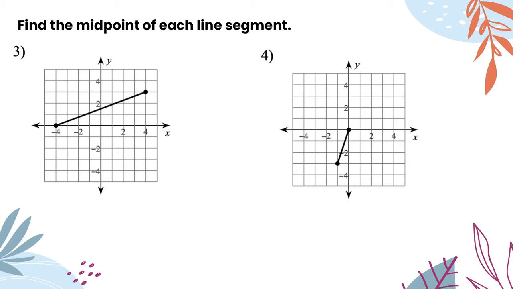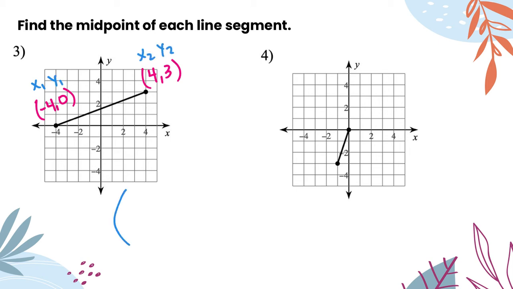We can do the same thing when we're reading coordinates from the graph. So I need to first know what these coordinates are. This is the coordinate negative 4, 0. And this is 4, 3. So then I assign x1, y1, x2, y2.